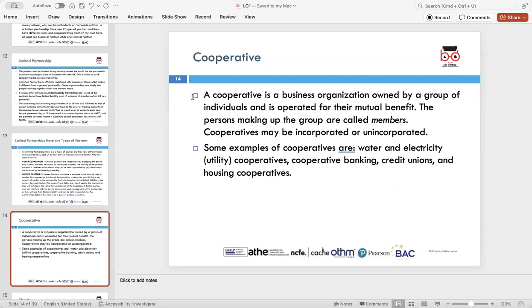Both incorporated and unincorporated cooperatives are viable options. The following are some examples: cooperatives for water and electricity utility, banking, credit unions, and housing cooperatives.